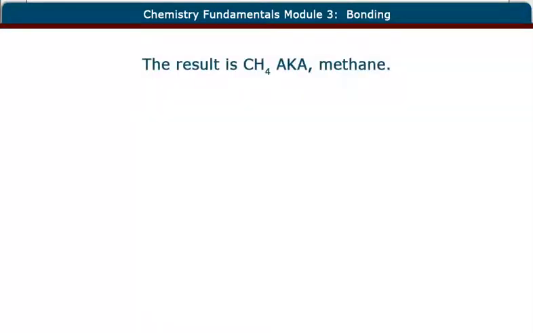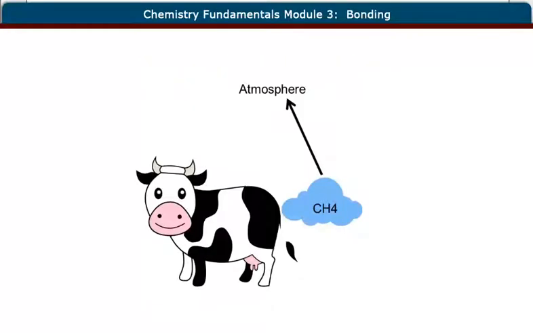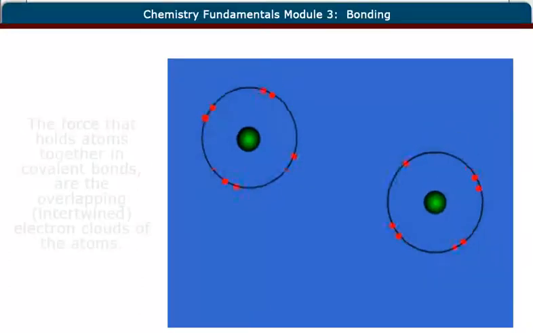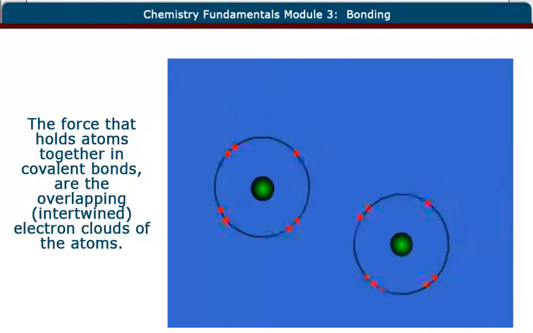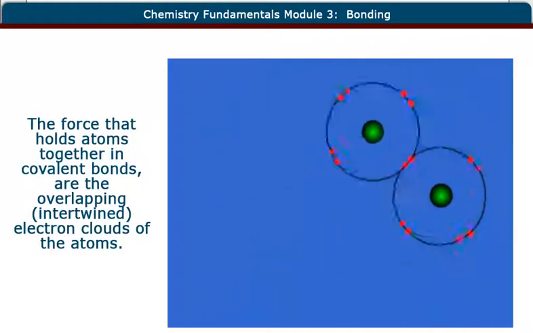The result is CH4, methane gas. The force that holds atoms together in covalent bonds are the overlapping or intertwined electron clouds of the atoms.